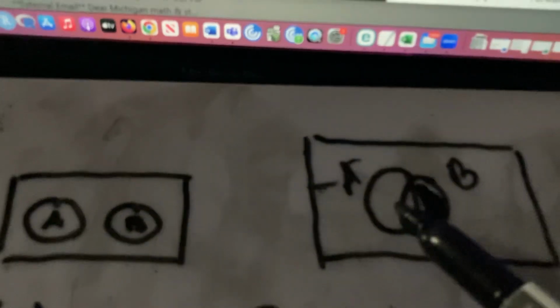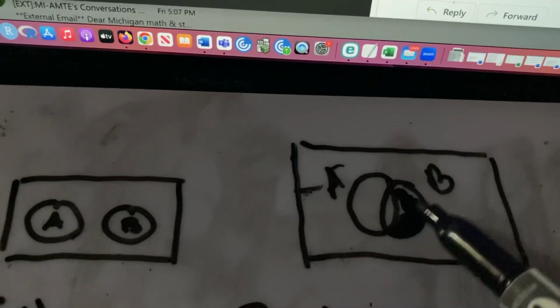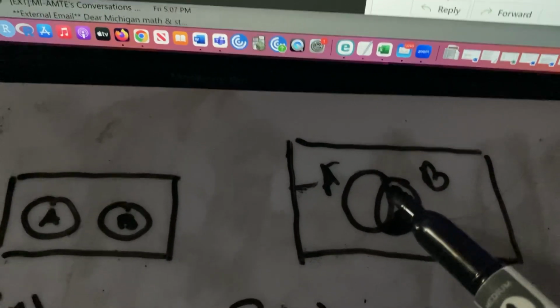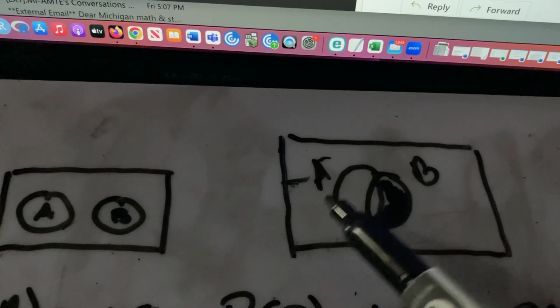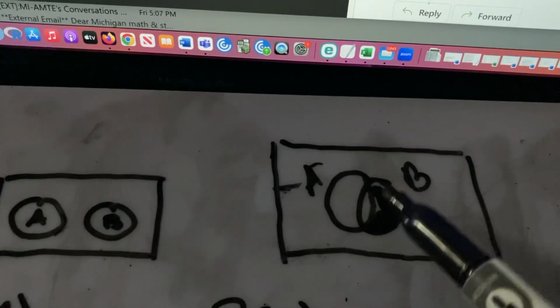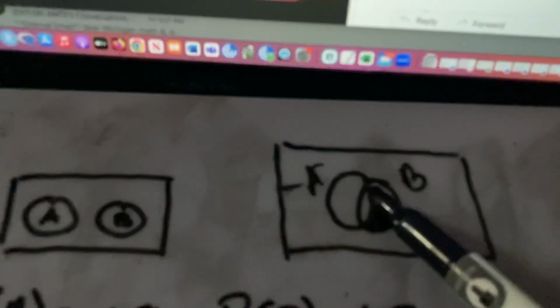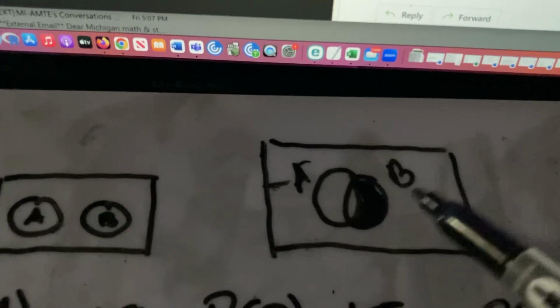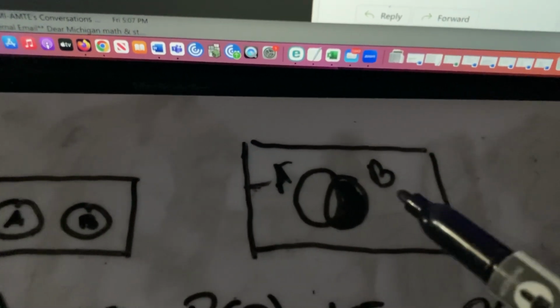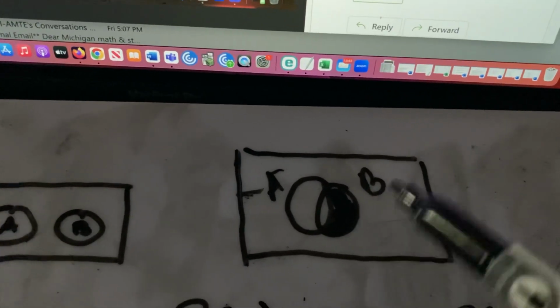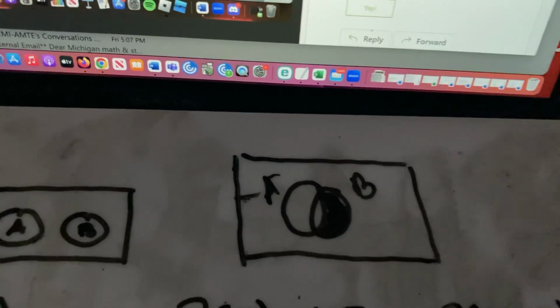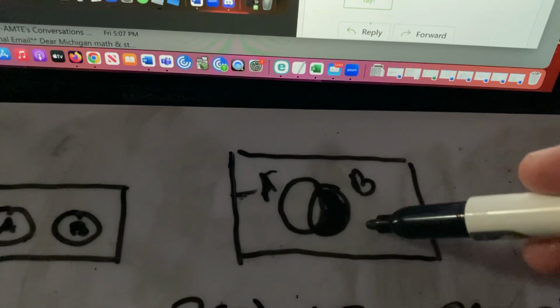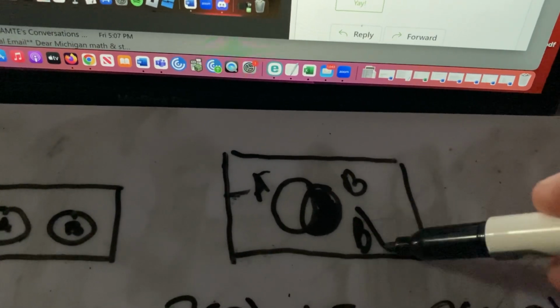And really, you have to have the two overlap for this to make more sense. But if A and B overlap, then this region that I have shaded here is B without A. It's B not A. And you'll see it written like this. So B not A.